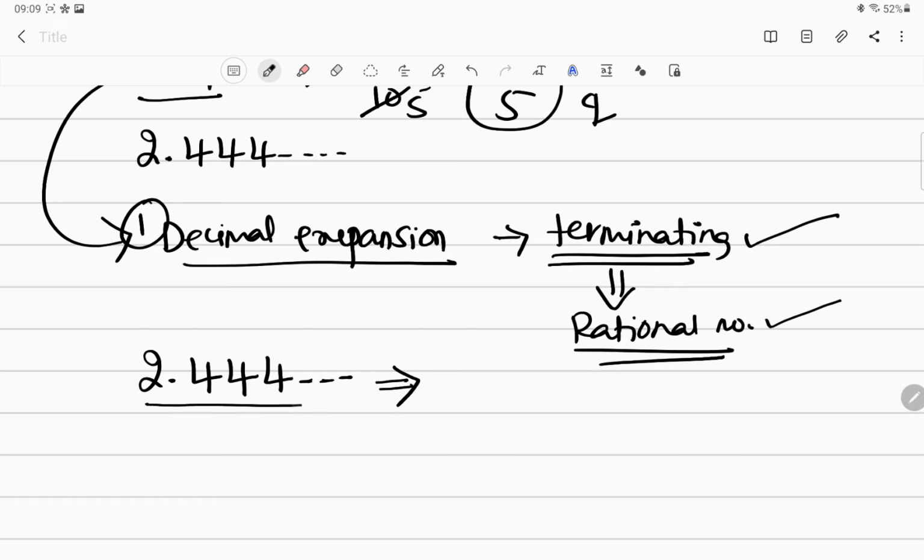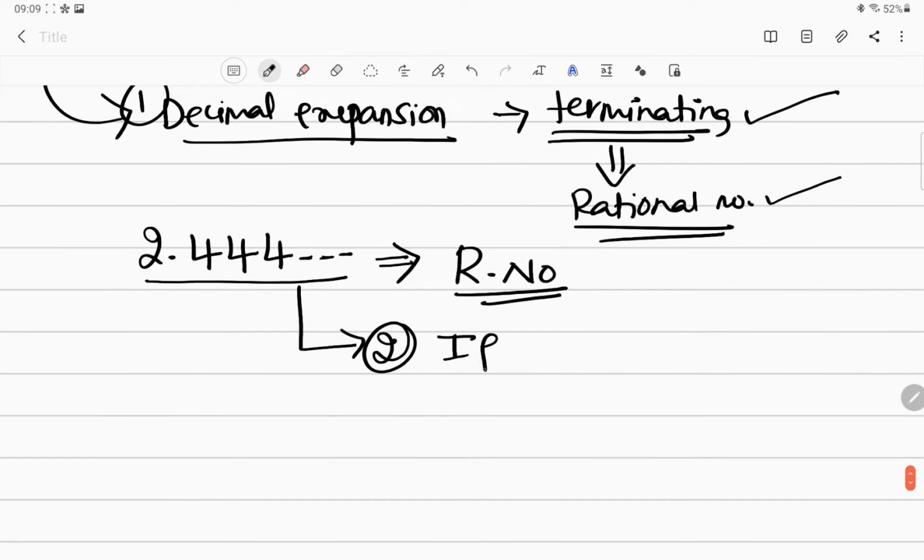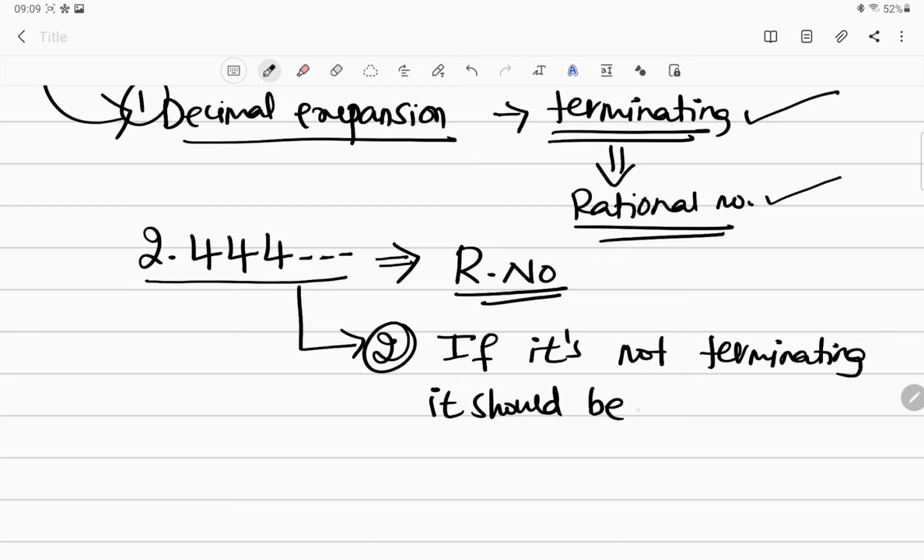So 2.4444 is said to be a rational number, that is for sure. Why? The second property says that if the decimal expansion is not terminating, it should be repeating.